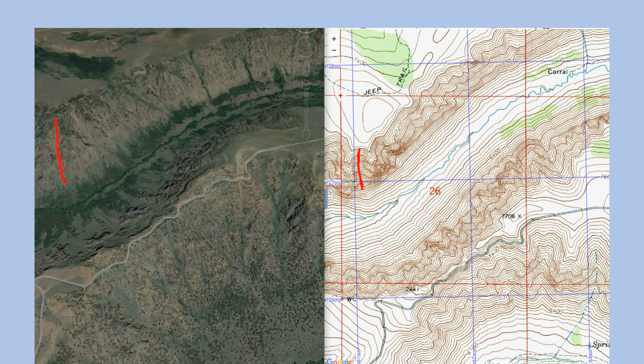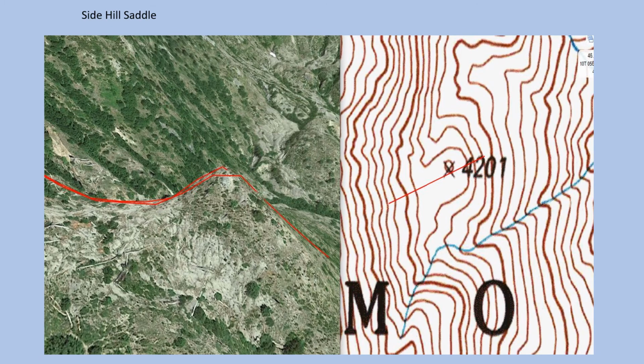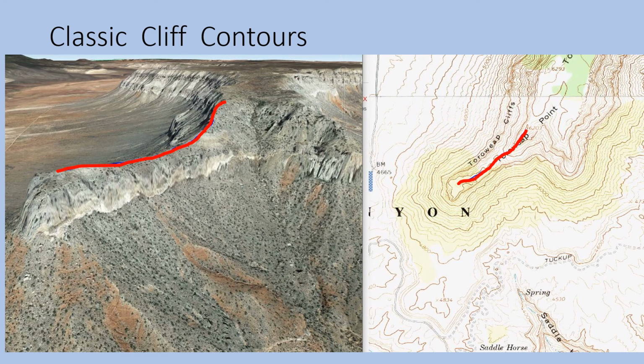Here we see steep cliffs above uniform sloping sidewalls. This is an unusual little bump on the side of a long slope. Interesting terrain with classic cliff contours.